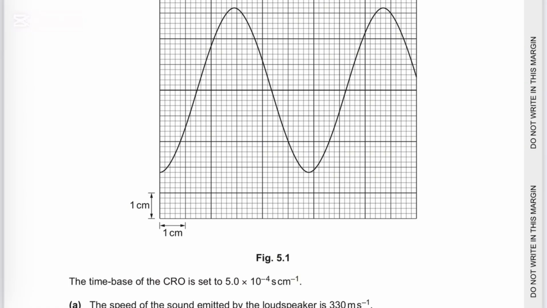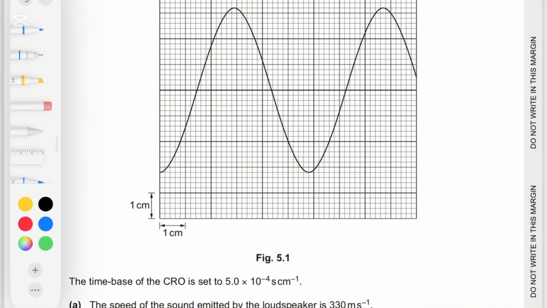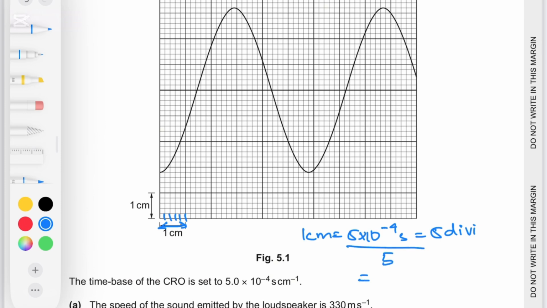So they're telling you 1 centimeter is equal to 5 times 10 raised to negative 4 seconds. Because each centimeter, as you can see, has 1, 2, 3, 4, 5 divisions, you can find what each division stands for by dividing this value by 5. That means each division equates to 1 times 10 raised to negative 4 seconds, or 0.1 milliseconds.